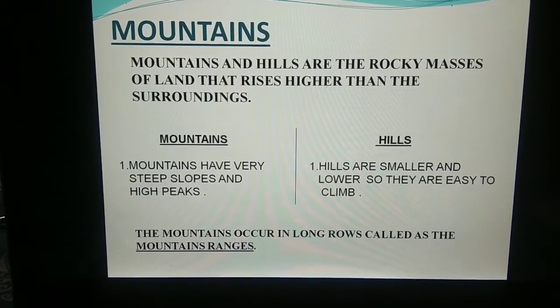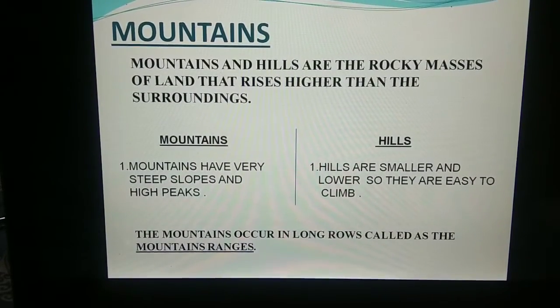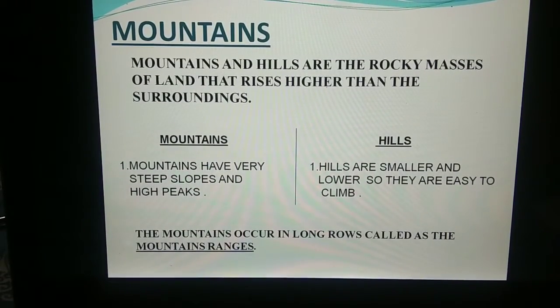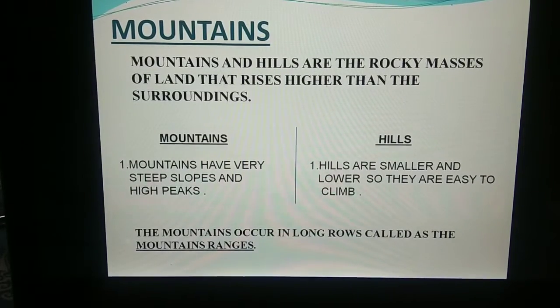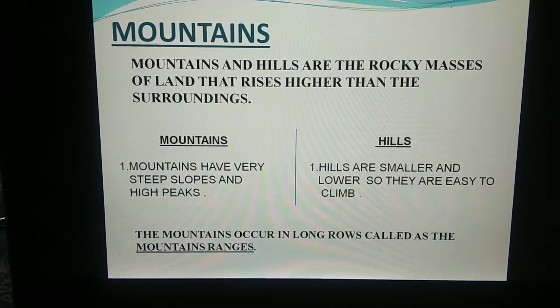Let's see how they are different. Mountains have very steep slopes and high peaks, while hills are smaller and lower in size, so they are easy to climb. Now, what are mountain ranges?